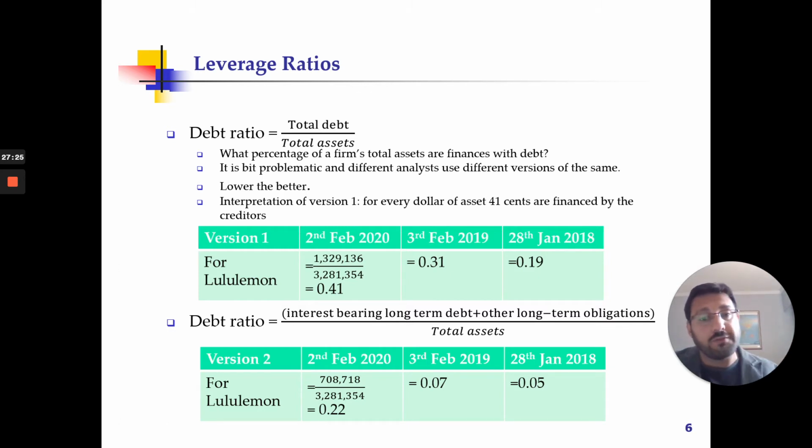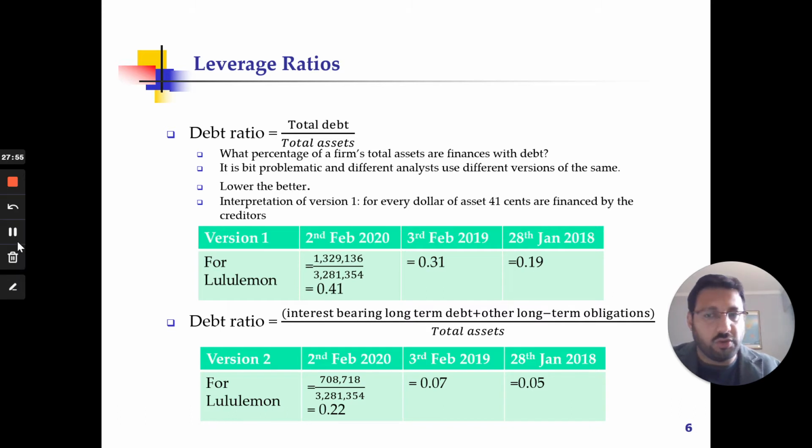But because in the case of Lululemon there is no interest-bearing long-term debt, and obviously no liability due within one year, all I'm left with is the total long-term obligation, which I include in the numerator.